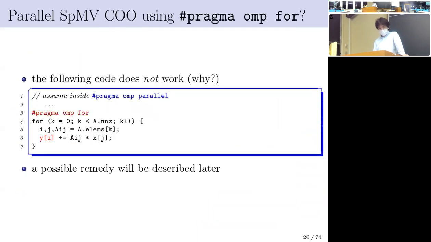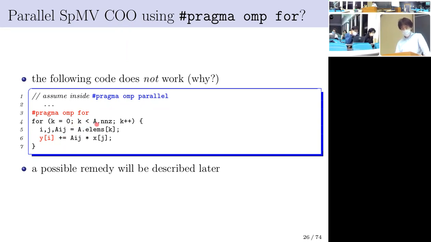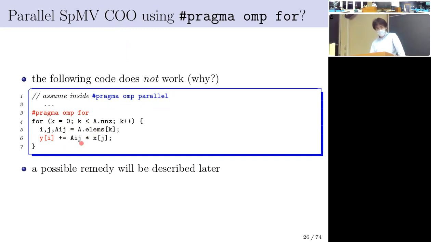When you simply apply omp for to this sparse matrix vector multiply in this coordinate list format, something wrong will start happening. I'll get into this later, but in this case, I just note that there are possibilities that two threads happen to work on different non-zero elements in the same row.